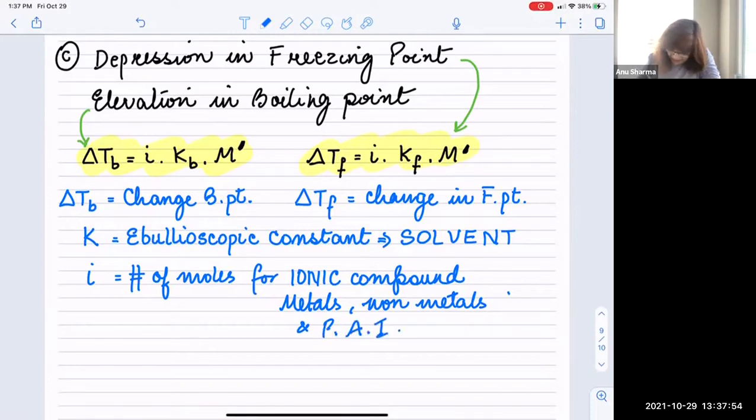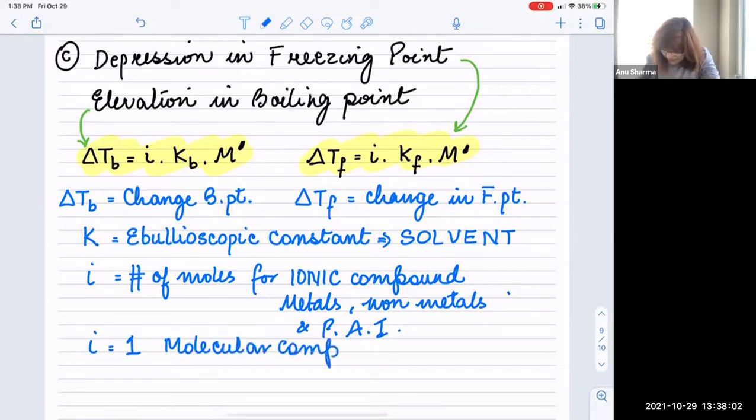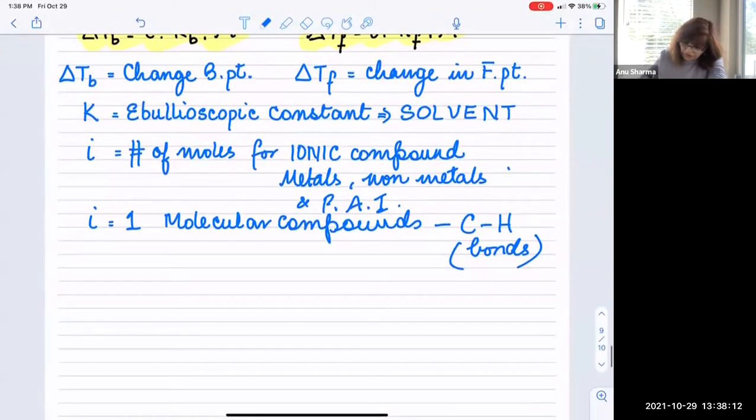And i is equal to 1 for molecular compounds. Generally, molecular compounds are those that contain lots of carbon and hydrogen bonds. When carbon and hydrogen bonds are many, then that's it.